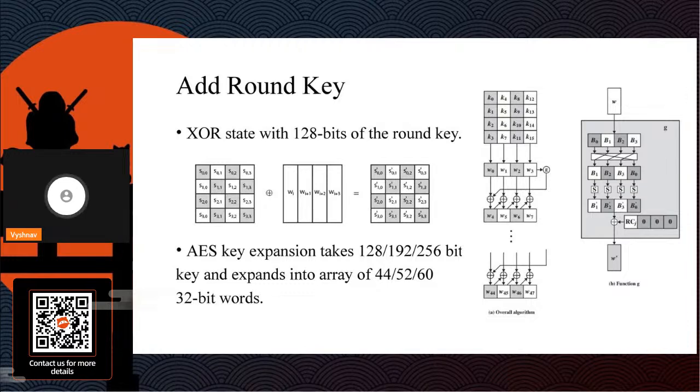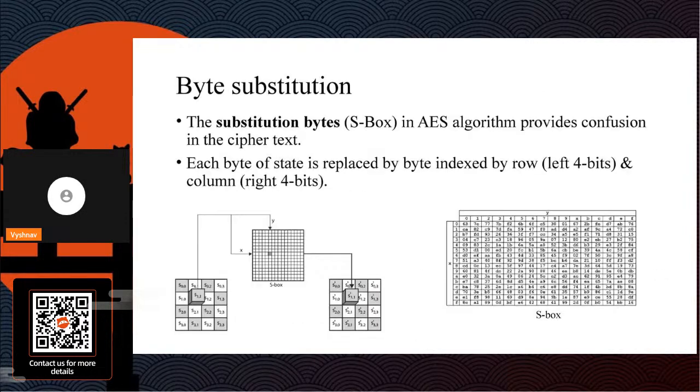And this W3 is sent through a G function. This G function is this. So for W3, we'll take K12, K13, K14, and K15. B0 is K12, B1 is K13, B2 is K14, and B3 is K15. The positions are interchanged and it uses the S-box. Previously we saw the S-box, right?